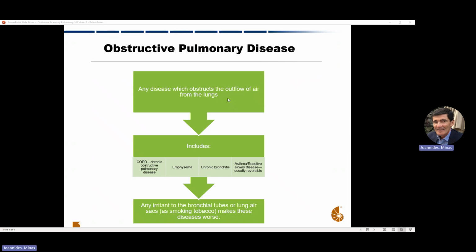And that's usually reversible. So asthma is a reversible type disease, whereas COPD may be more on the permanent side with maybe a minor contribution of reversible disease. Any irritant to the bronchial tubes or lung air sacs, such as smoking tobacco, makes all of these diseases worse.